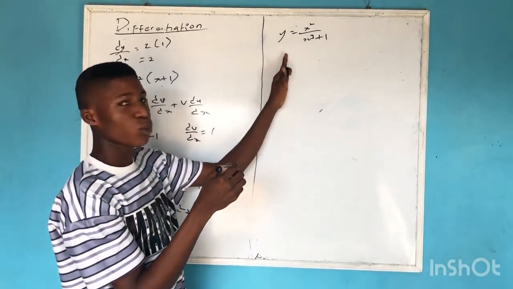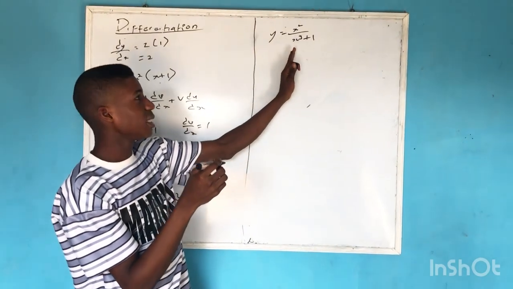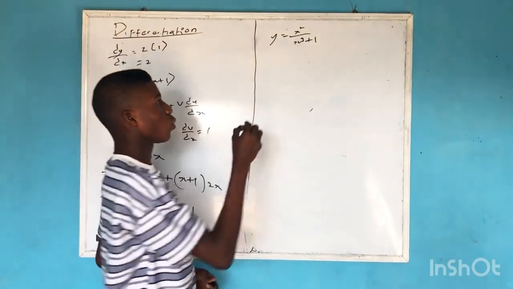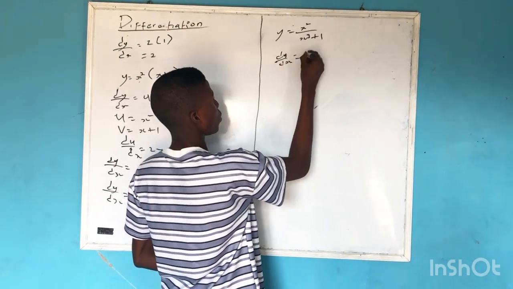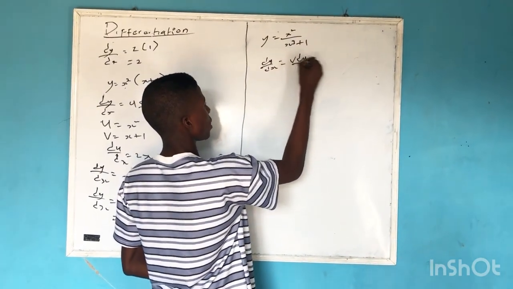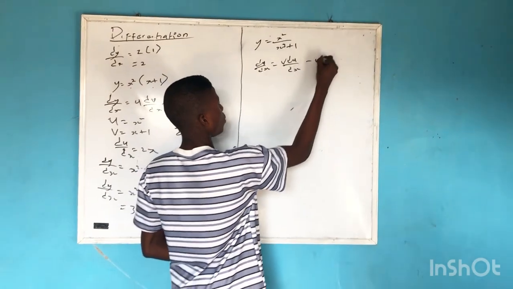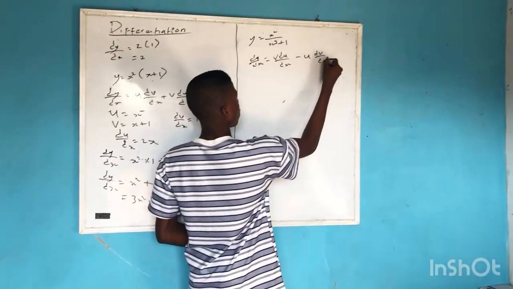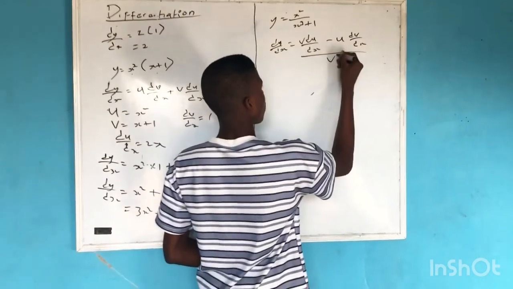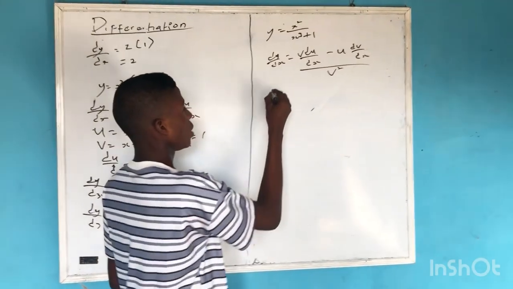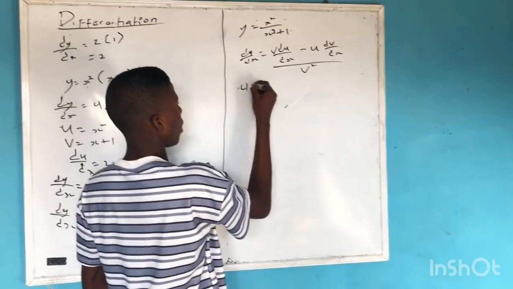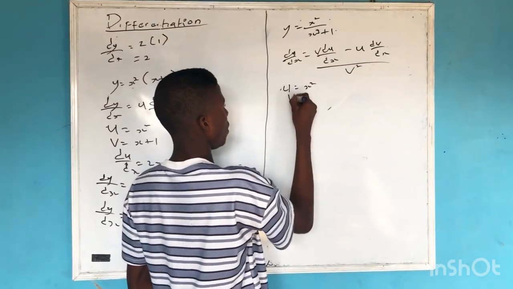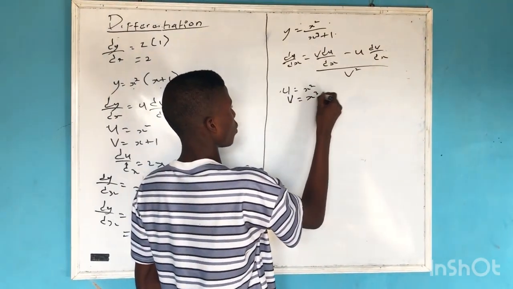Seeing this, we will just apply the quotient rule since it's division here. So the quotient rule is dy dx is equal to v du dx minus u dv dx over v squared. So this will be my u and my v. I have u as x squared and my v as x to the power 3 plus 1.